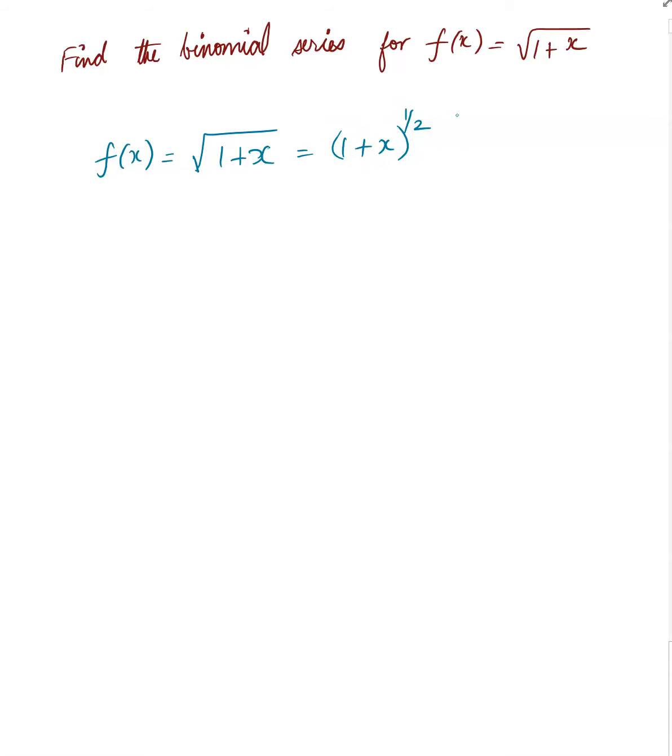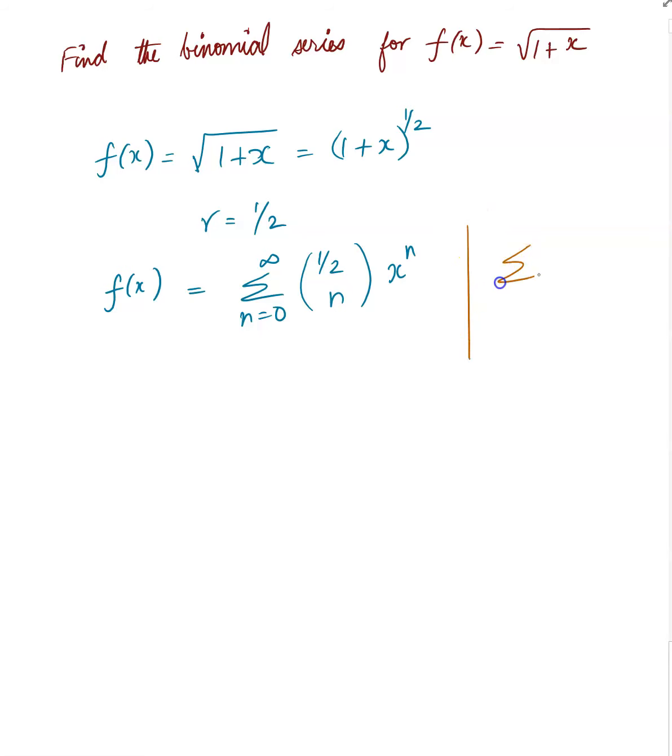Therefore, if you compare this with the Maclaurin series for (1 plus x) to the power r, you can see that r here is a half. So then you could use the binomial series, which is the sum from n equals 0 to infinity of half choose n, x to the power n.